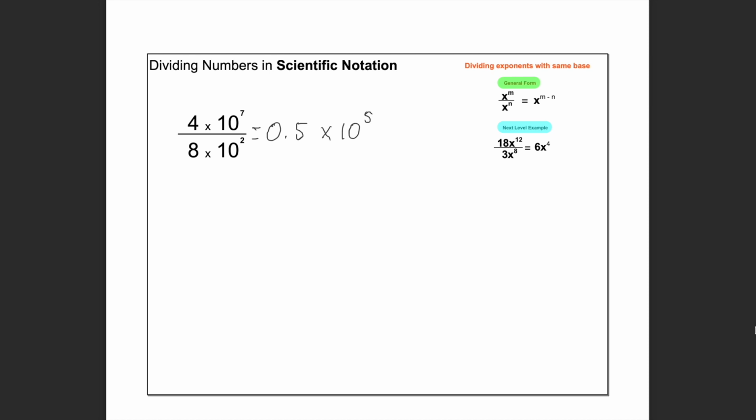No. So we need to move the decimal point 1 to the right. So this is going to be 5 times 10. And since we made it a bigger number, that means we need to subtract 1 from the exponent. So this will be 5 times 10 to the 4th.